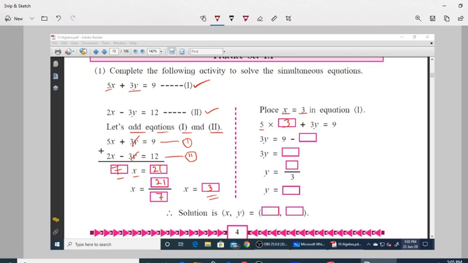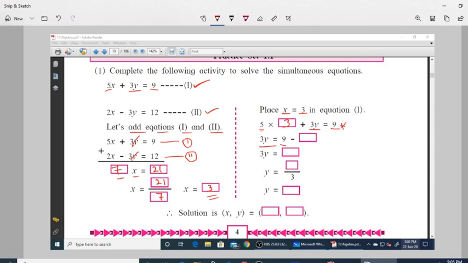On the other side we have 9 in equation number 1. Now keeping 3y in its place, observe this equation, this 9 in its place, 5 threes are 15, right, on the right hand side.